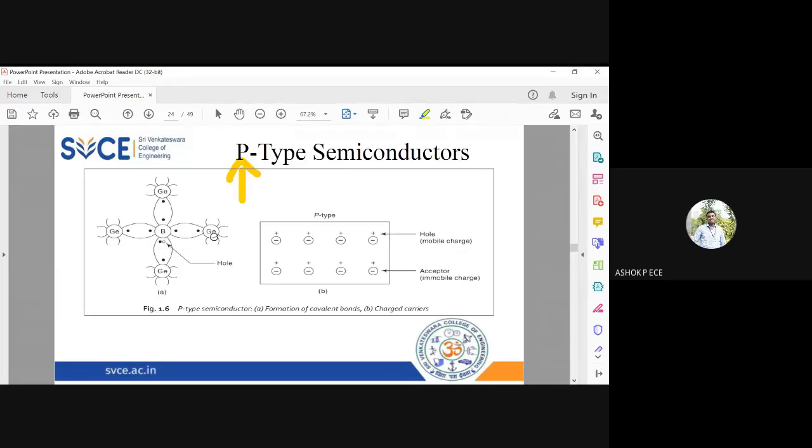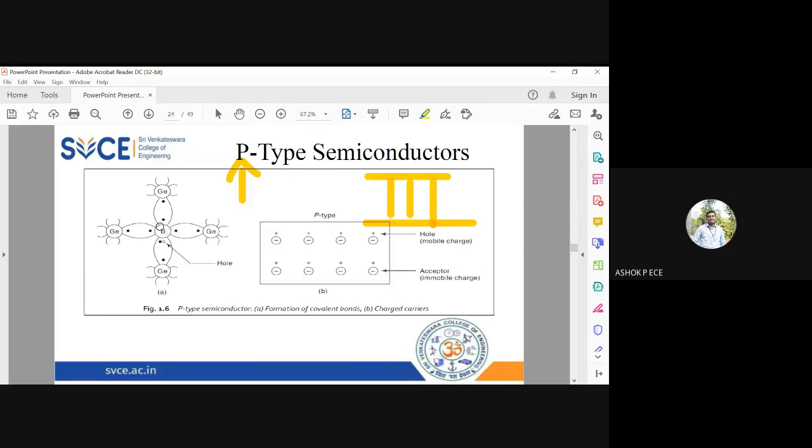In N-type, we dope a pentavalent impurity. Here, what impurity do I have to dope? Trivalent, to make one electron less. Silicon and germanium need 4 electrons, so 4 minus 1 is 3. So I am going to dope my semiconductor with group 3 elements or trivalent impurity.